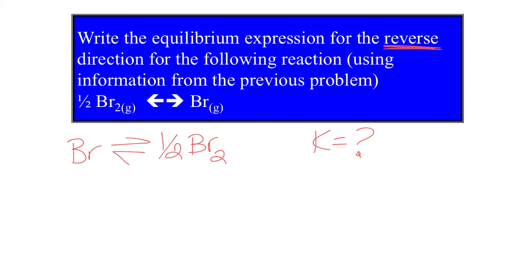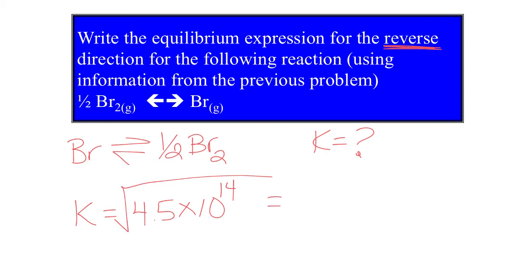However, the coefficients have been changed. It is 1/2 of what we did before. So we would take that K from the previous one, 4.5 times 10 to the 14th, and we would put that to the 1/2 power, which is the same as the square root.